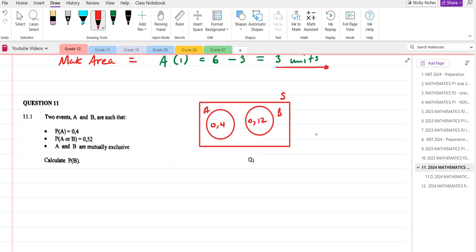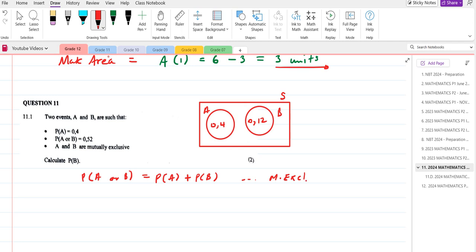So calculate the probability of B. The probability of A or B is equal to the probability of A plus the probability of B. This is for mutually exclusive events.